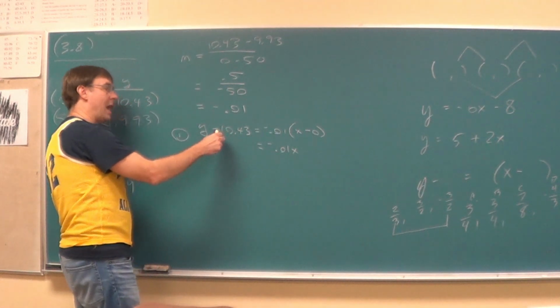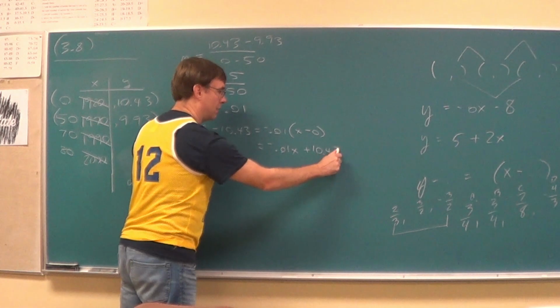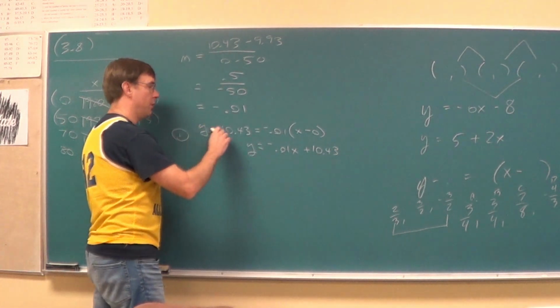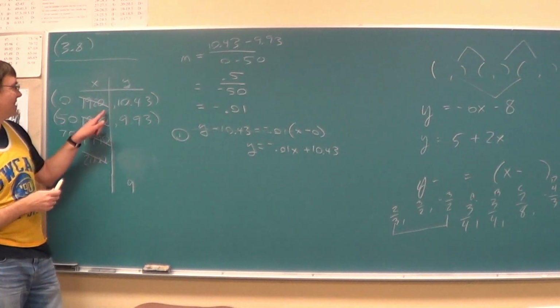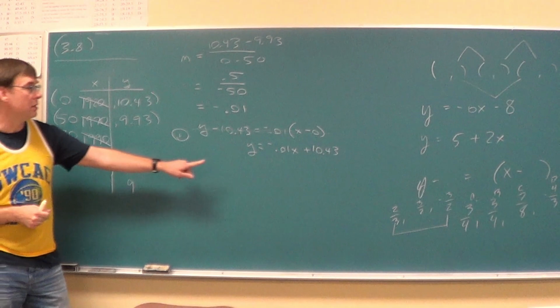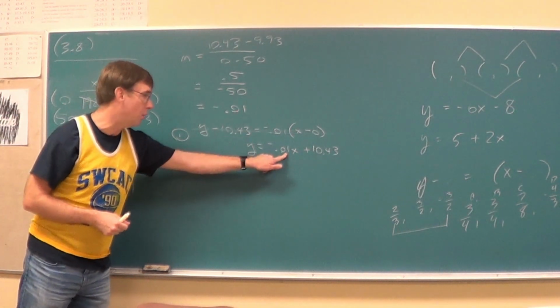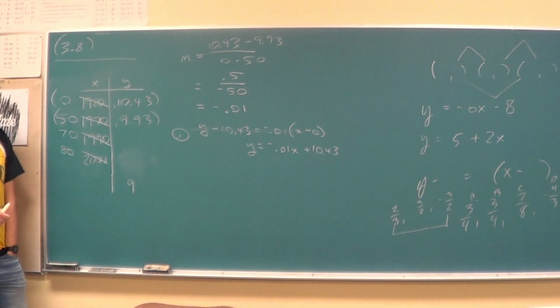And then to subtract 10.43, you want to add 10.43. There's nothing wrong with doing that if you like doing that 100 times. But since this became an intercept with our little change-a-rooney, you could just go straight to slope-intercept form, and be a little bit quicker out, in fact.